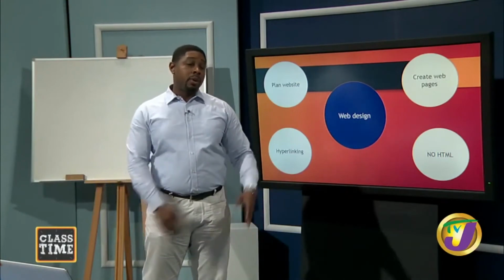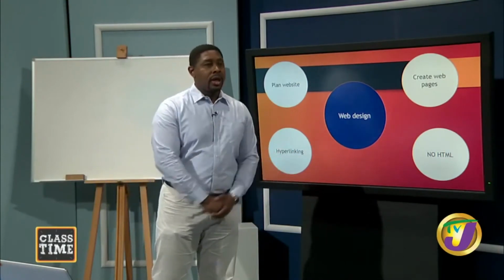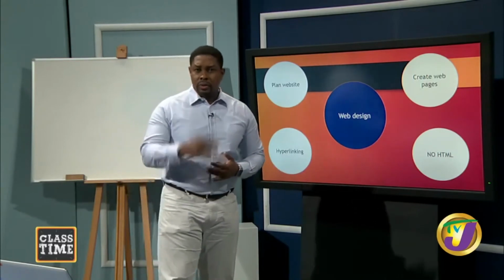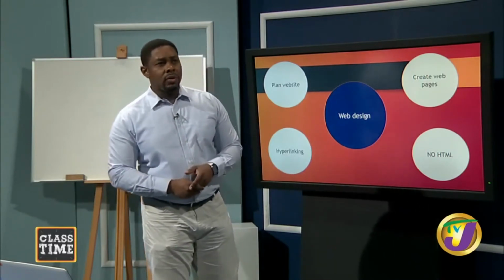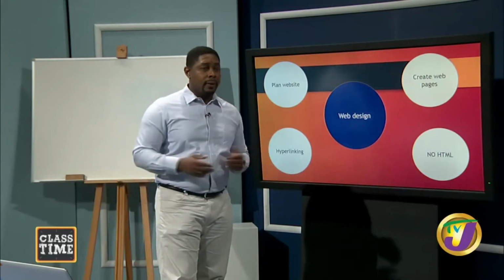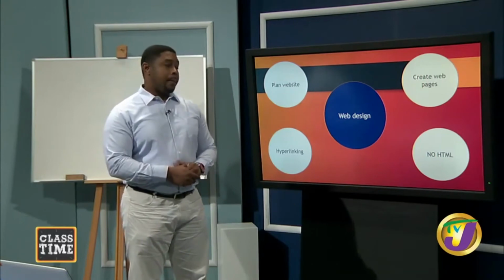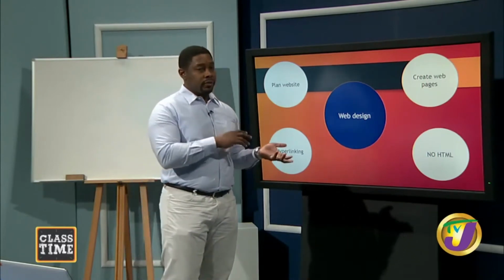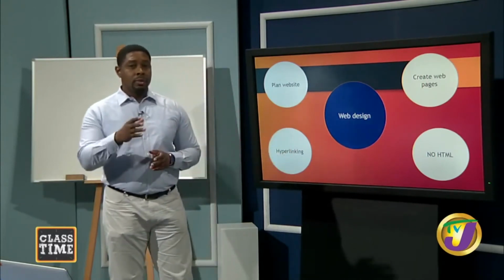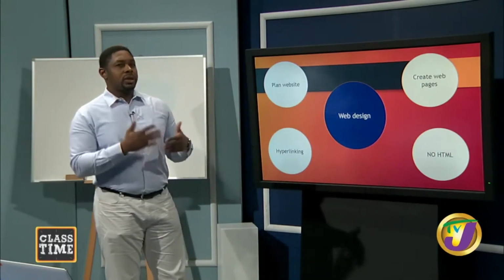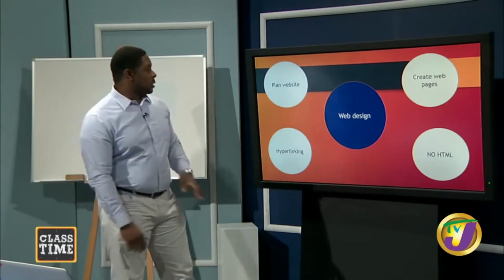You can save a publisher document as a web page. You can even go online and use Wix, Weebly, one of those free website offerings, even WordPress to create a website. But when you're doing it for your SBA or for CXC, it's important that you take a shot of the screen, as well as you might want to include the code, just in case. All right.